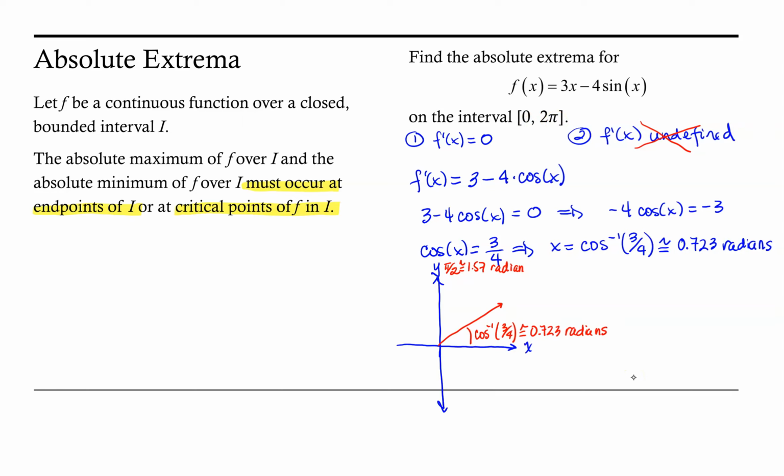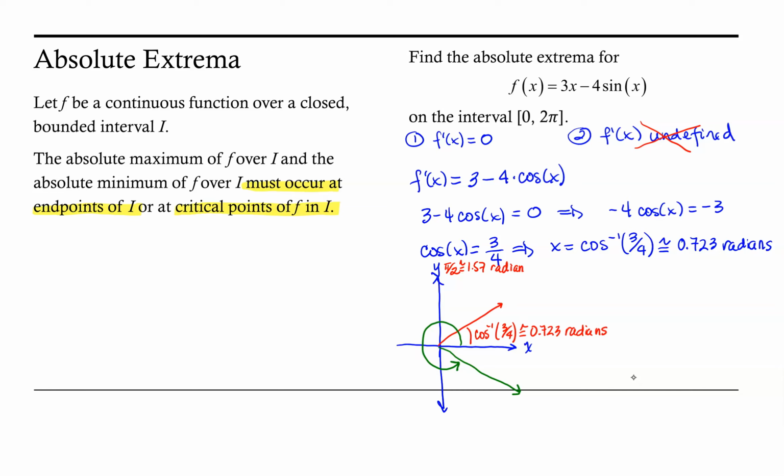There is a second angle whose cosine is 3/4, and that second angle would occur here in the fourth quadrant. It would be the angle measured from the positive x-axis around the origin to that ray, and 2 pi is one full rotation.